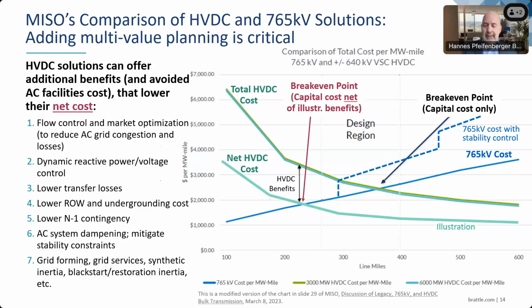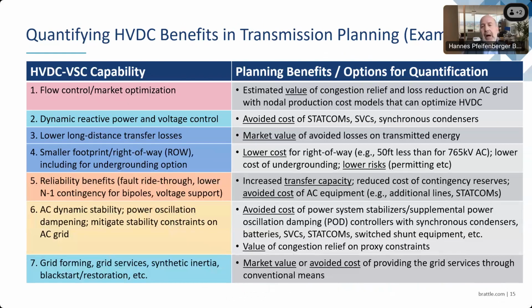So how do you quantify those other values that would reduce the net cost of the DC solution? The value of power flow and market optimization can be estimated with a nodal production cost model, as long as you confirm that the models can actually optimize HVDC lines.